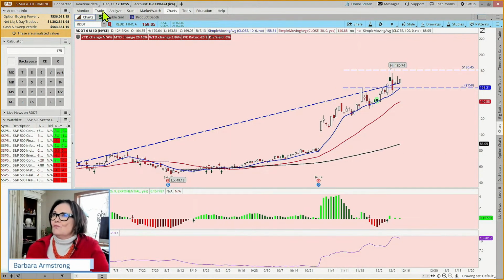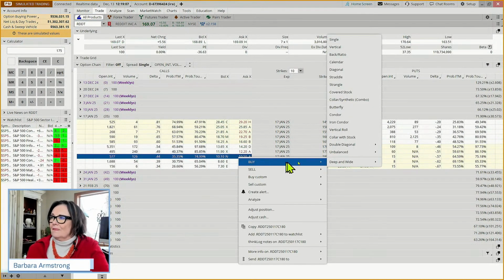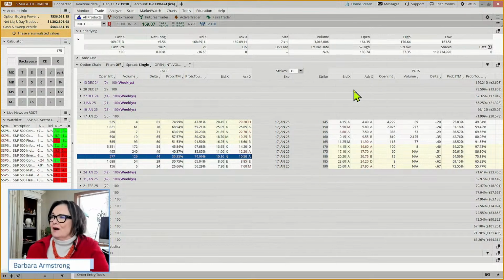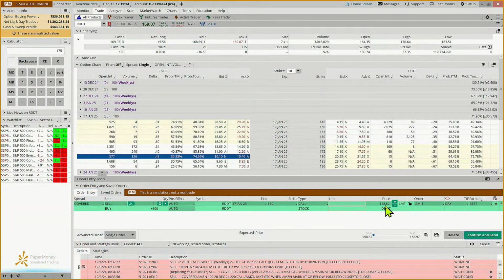Okay, so let's come out and say, we are looking to buy shares and sell the 180. So in Thinkorswim terms, we call that buying covered stock. So what's the most we can make? And this is before we've added the short put.